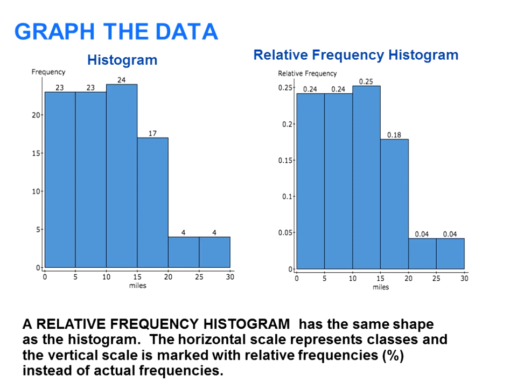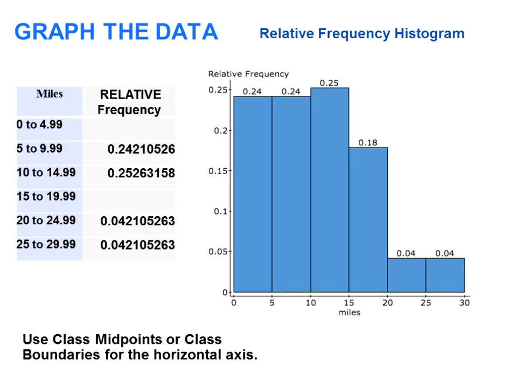You do not get a different distribution. A histogram obtained from a frequency table is going to have the same shape as a relative frequency histogram obtained from a relative frequency table. So it doesn't matter which table you use. When you construct a histogram, it's going to have the same shape.